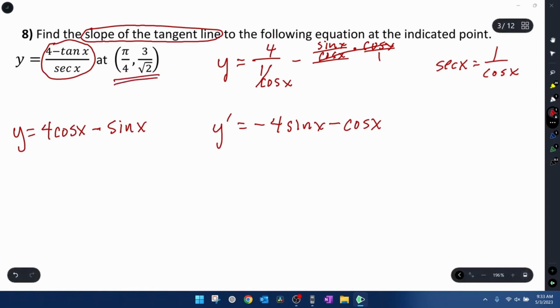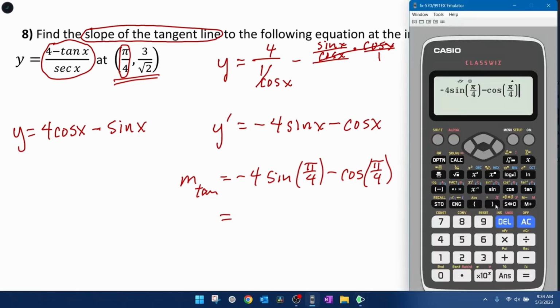And now what we need to do is, it says we need to find the slope at this point, which means that we need to evaluate all of the x's at pi over 4. So I would say the slope of the tangent is negative 4 sine pi over 4 minus cosine pi over 4, and then plug that into our calculator.